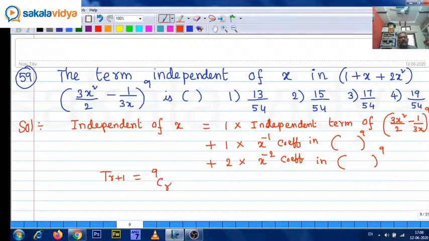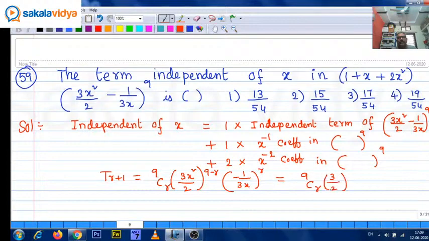That will be 9Cr (3x²/2)^(9−r) (−1/(3x))^r. This equals 9Cr (3/2)^(9−r) (−1/3)^r x to the power of 18 − 2r, and this is − r, that will be 18 − 3r.